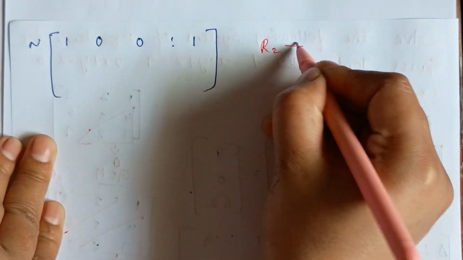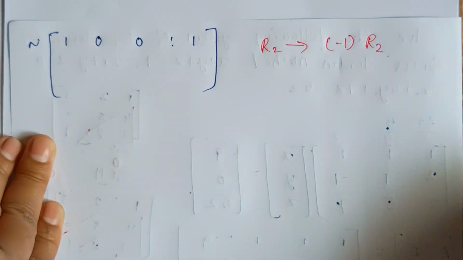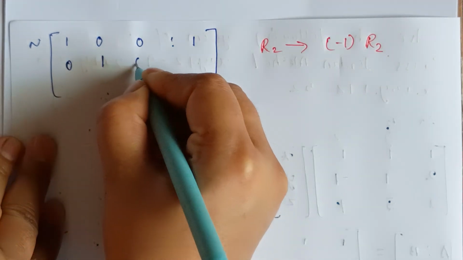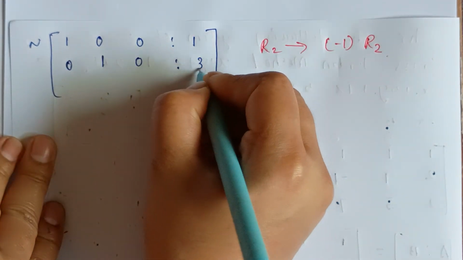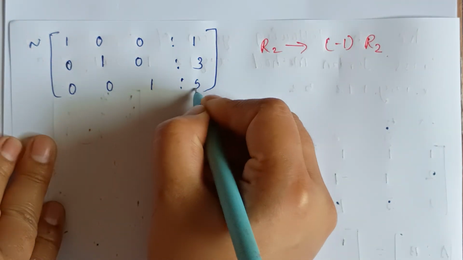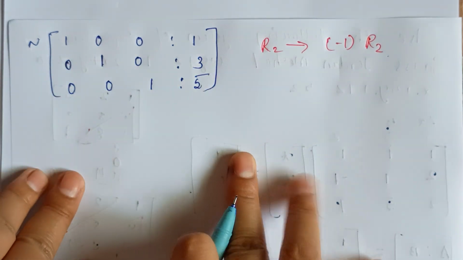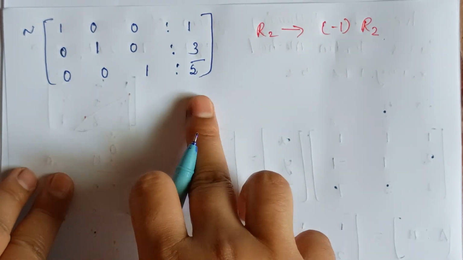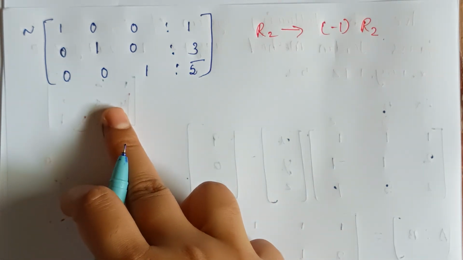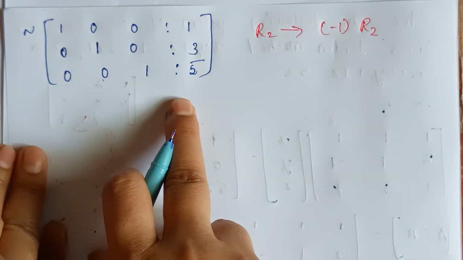So row 2 changes to minus 1 times row 2. If I do this, I will get all positive values in row 2. And row 3, as it is, 0 0 1 is to 5. Correct? Now if you see this, we have got the format we wanted. We have reduced the matrix using the Gauss Jordan method.